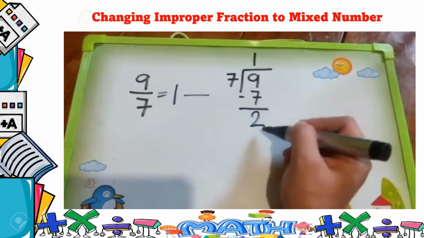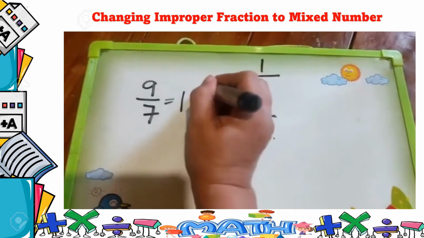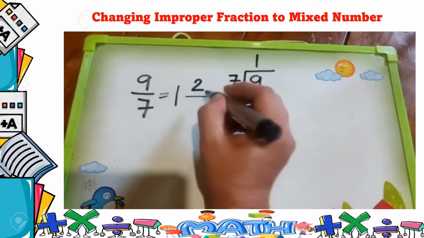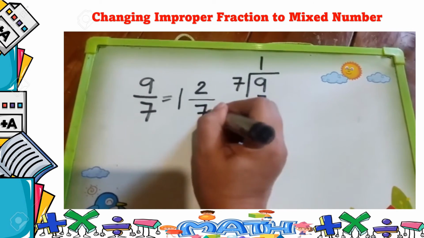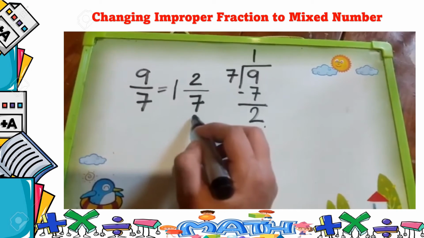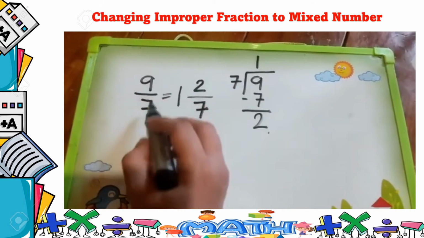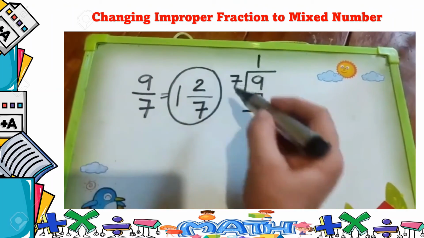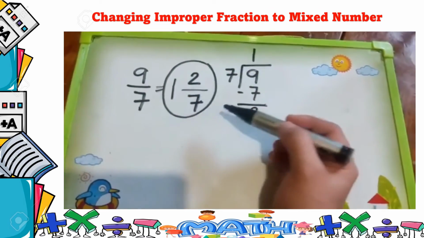And then, the remainder will become the numerator. And then, the divisor is the denominator, or we will just copy here the denominator, which is 7. So, 9 over 7 is equal to 1 and 2 over 7.